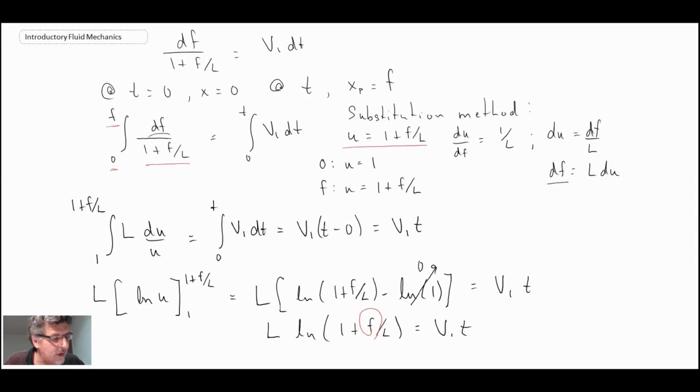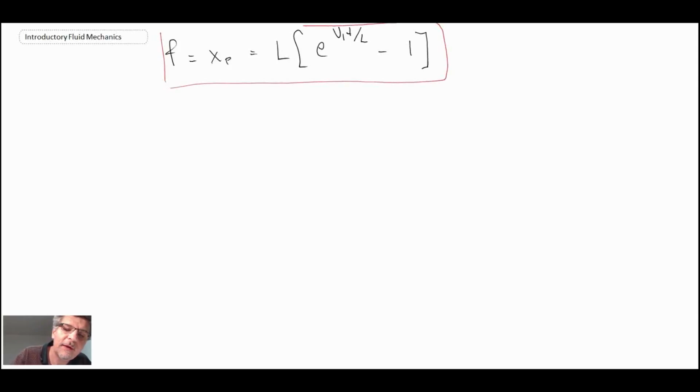So let's go ahead and rearrange that and see what we get. So that's what we get for the particle position expressed in Lagrangian terms, as a function of time, I should say.